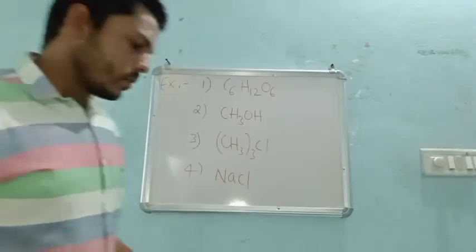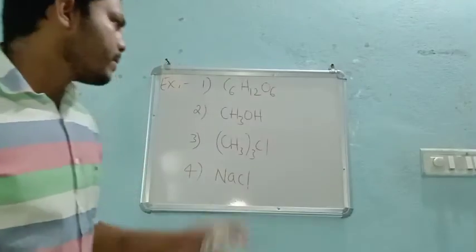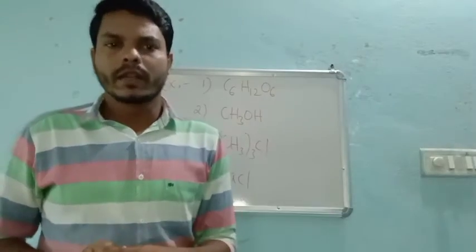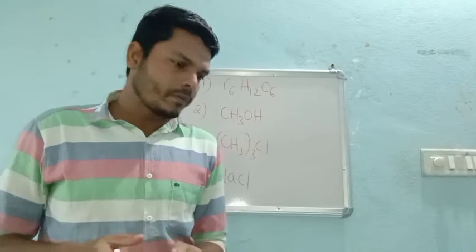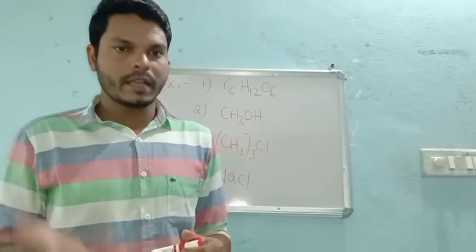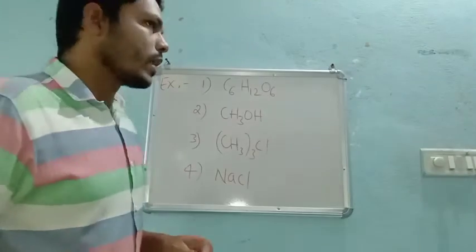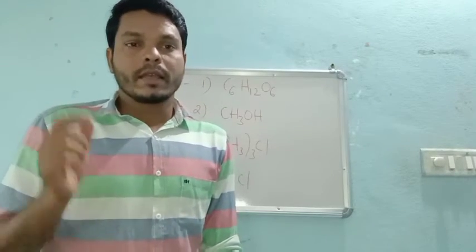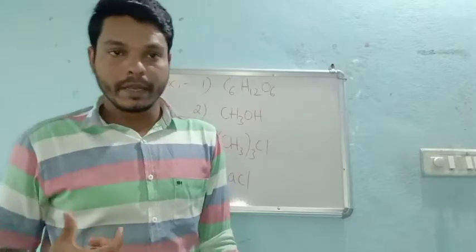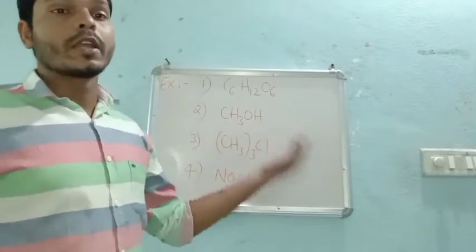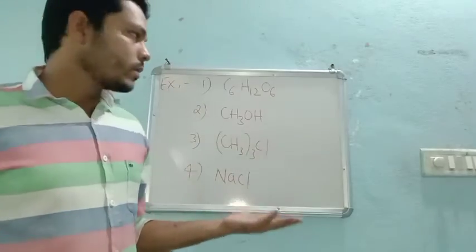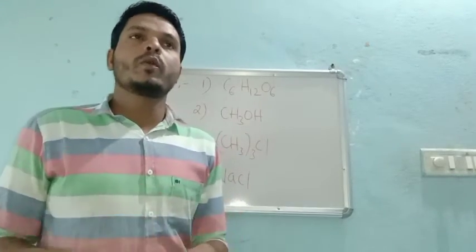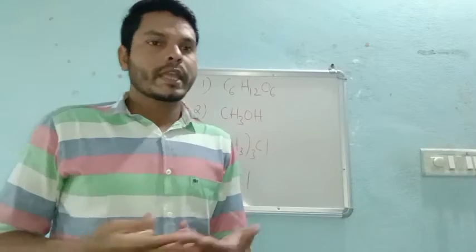So this is all about the molecular mass. Now after knowing how to calculate the molecular mass, you can take any type of molecule or any compound and calculate its molecular mass. But you require the molecular mass of an element, then only you can calculate the molecular mass of a compound, right? So that's why you should try to remember the molecular masses up to calcium.